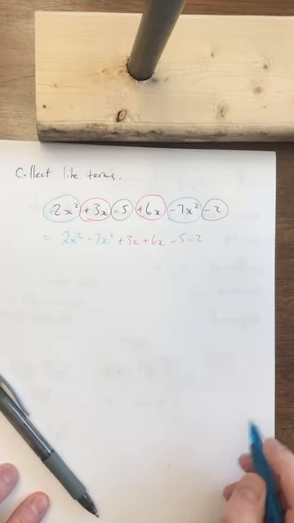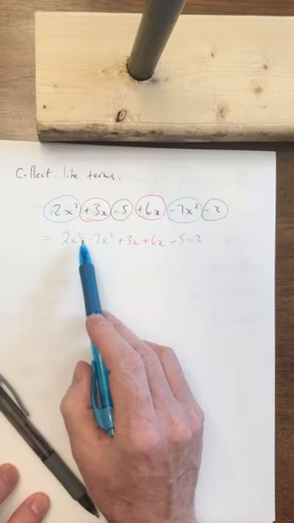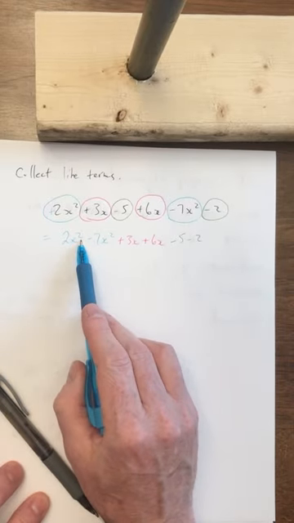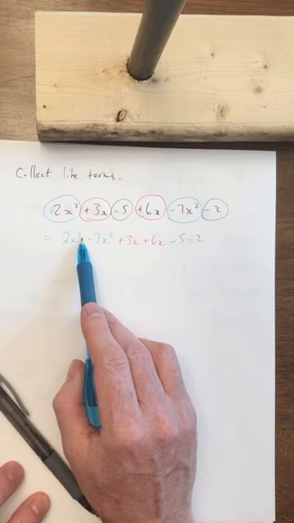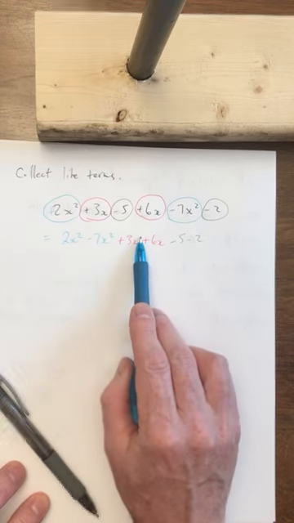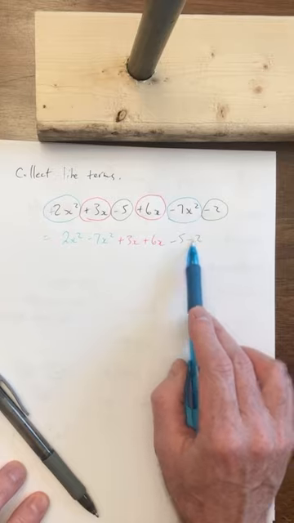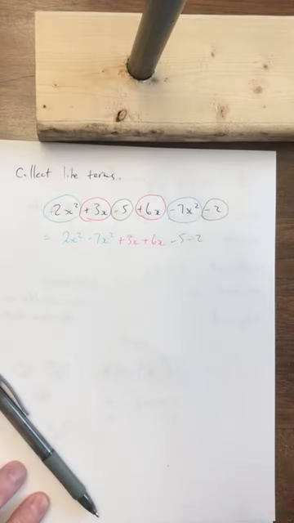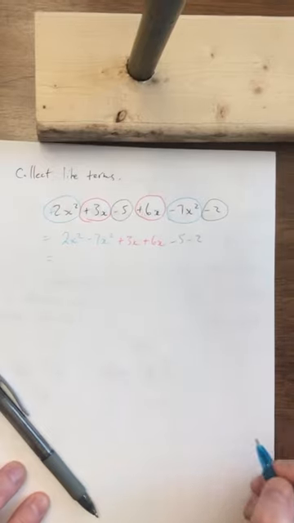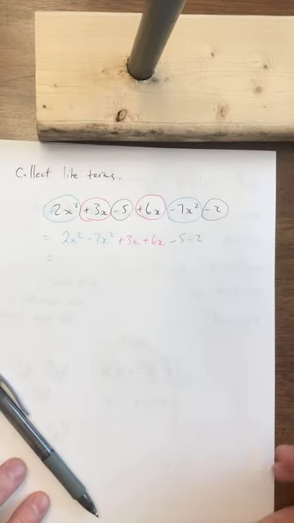Good habit to get into, putting these in an order with the variable to the biggest exponent first. You notice I put my x squareds, then my x's, then just my numbers. If I had x to the power of 3, I would have led with those as well. And now what we can do is add or subtract like terms.